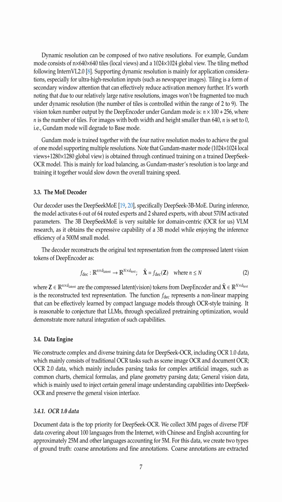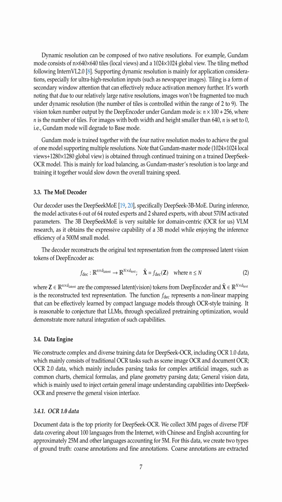The function f_dec represents a nonlinear mapping that can be effectively learned by compact language models through OCR-style training. It is reasonable to conjecture that LLMs, through specialized pre-training optimization, would demonstrate more natural integration of such capabilities.